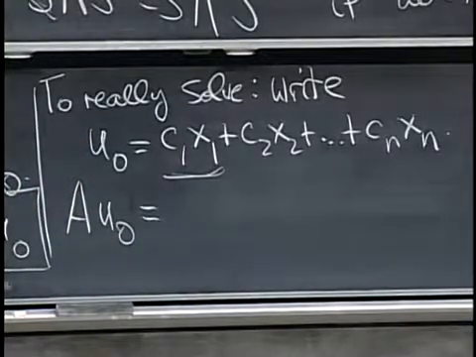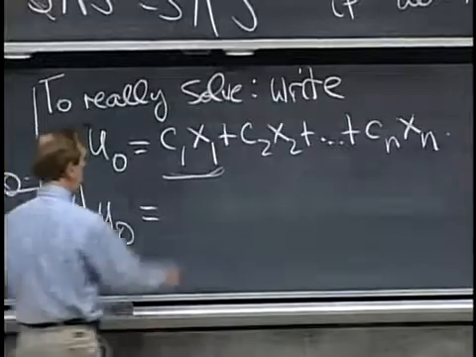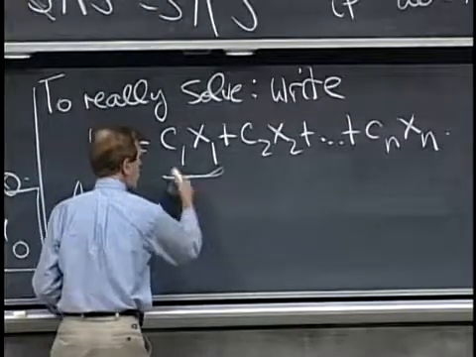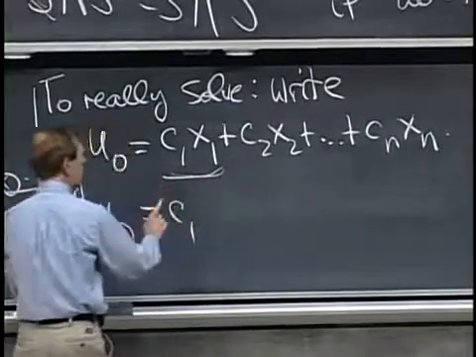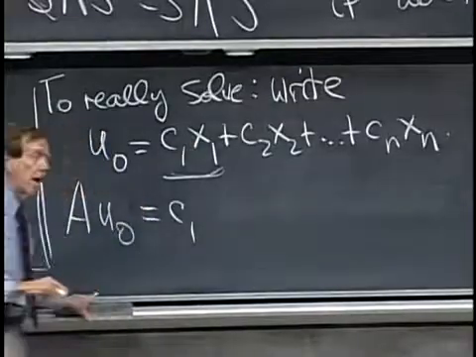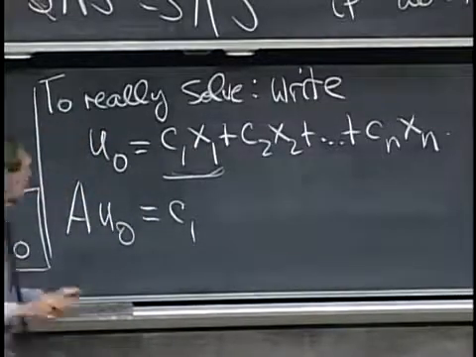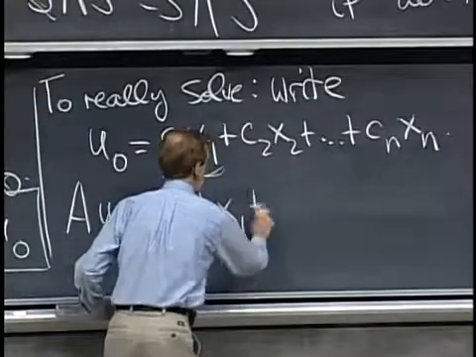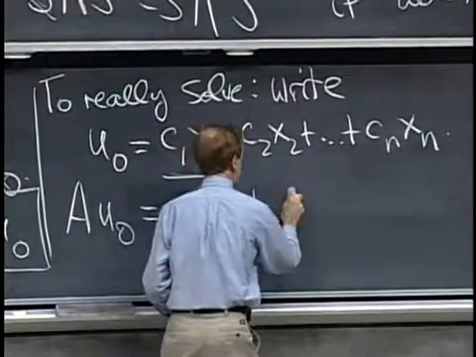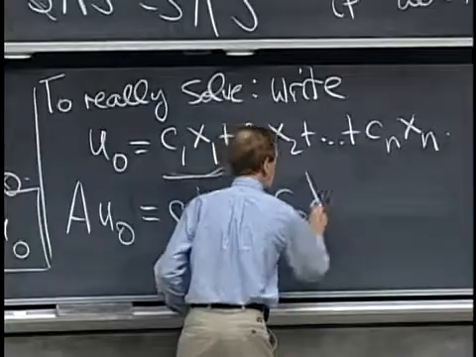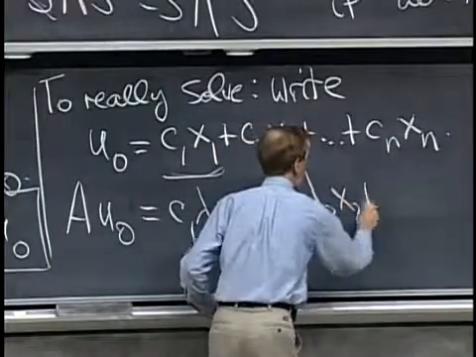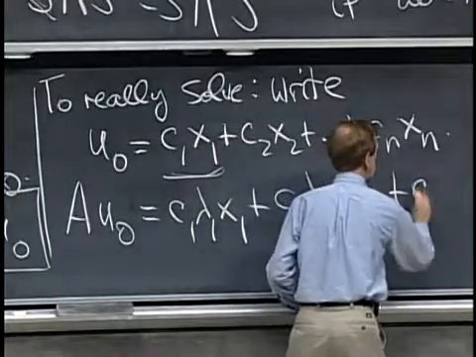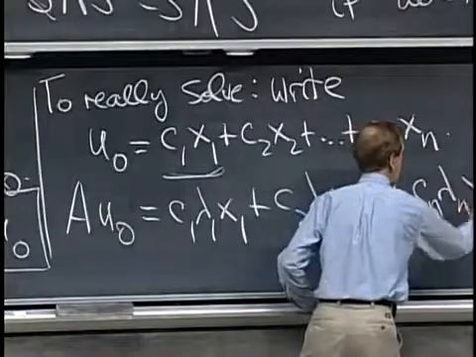Okay. Now when I multiply by A, what do I get? I get C1, which is just a factor, times A x1, but A x1 is lambda 1 x1. When I multiply this by A, I get C2 lambda 2 x2. And here I get Cn lambda n xn.